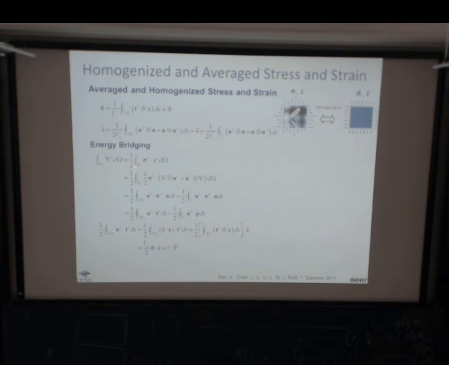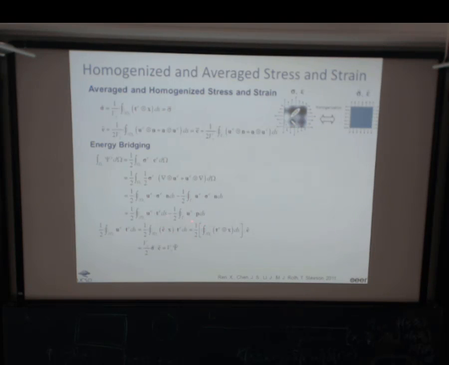So free energy is stress times strain, and then you bring in the definition of strain, which is a gradient of displacements. You apply the divergence theorem, and then you can transform this to a boundary integral. And this particular term, if you do some manipulation, bring in the definition of homogenized stress, which is by traction from the boundary.